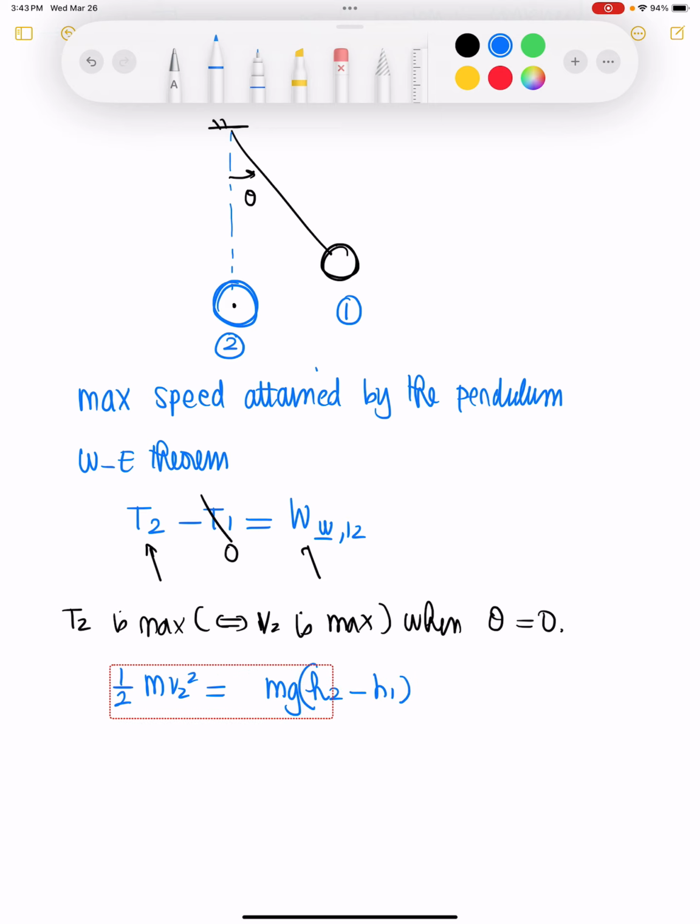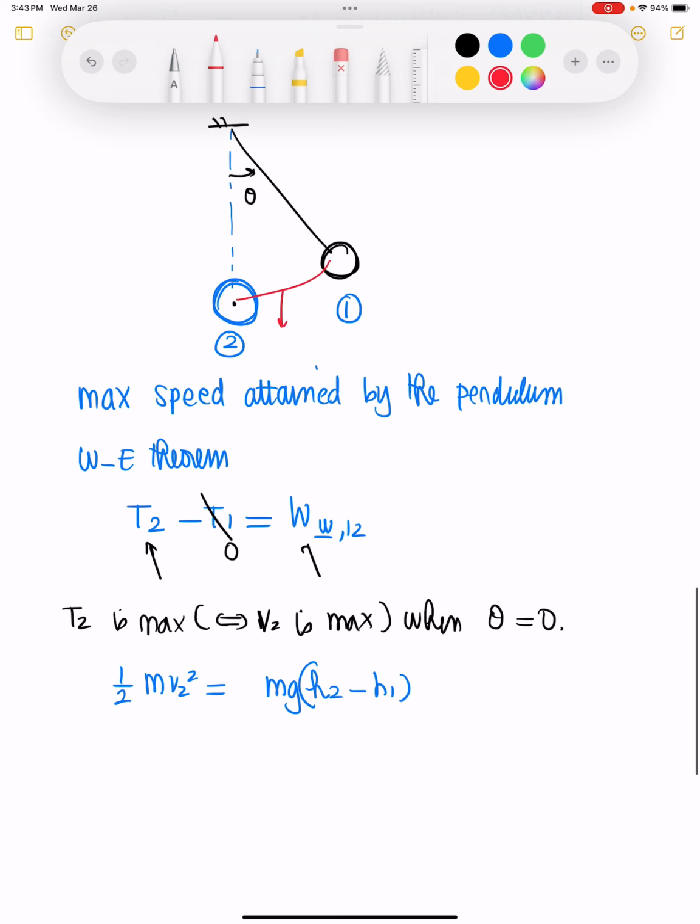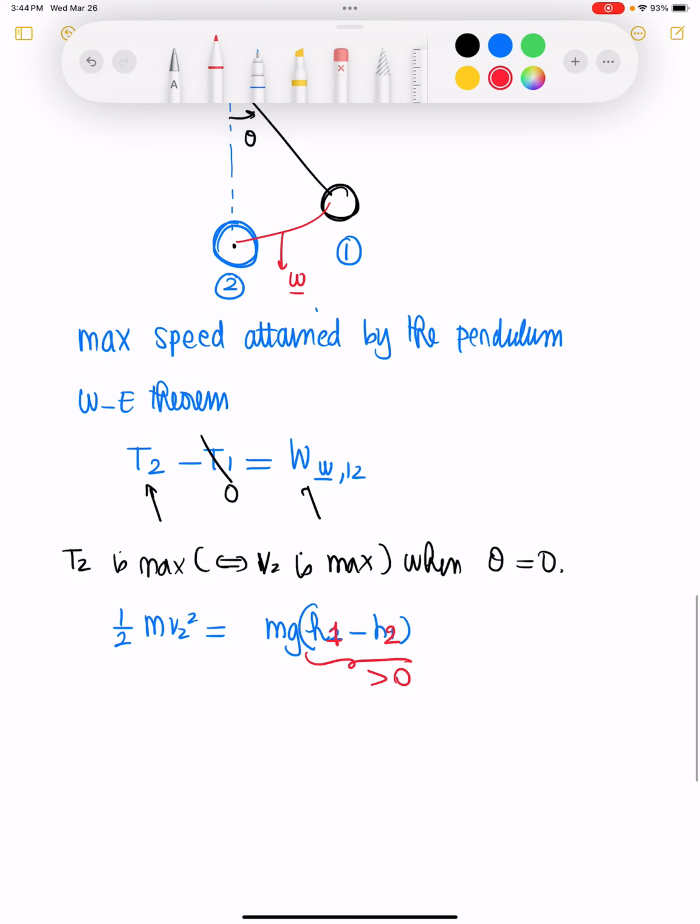We can double check from the formulas in the formula sheet, or we can also double check by intuition: as the particle is going down, because the weight is also pointing down, the work of the weight needs to be positive. So that's going to be h1 minus h2. h1 minus h2 is positive, and with that the work of the weight is going to be positive.